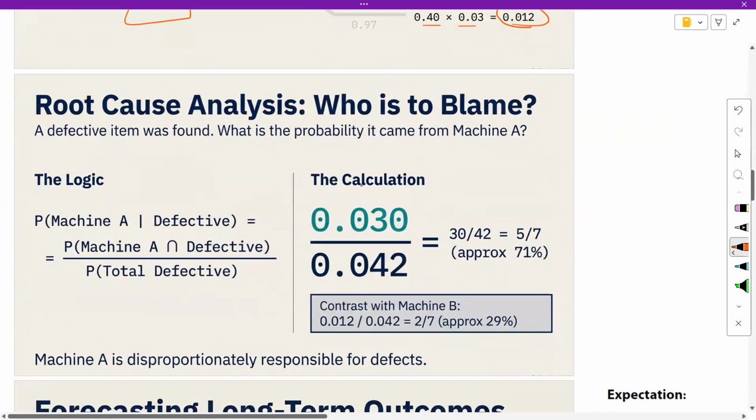Now we calculate the root cause analysis. A defective item was found. What's the probability it came from machine A? Here, we find the total defective items. We are not considering the total items produced by the machines. Here, our sample space is the total defective items.